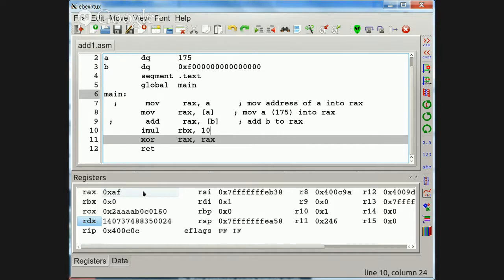All right, and it's not in RBX. What happened to me? Executed the imul instruction. Does anyone know why we didn't get the result in RBX?